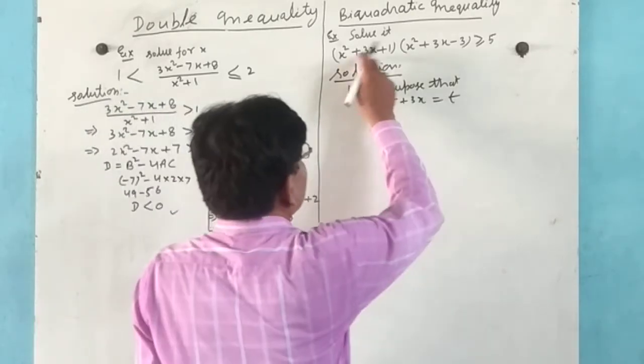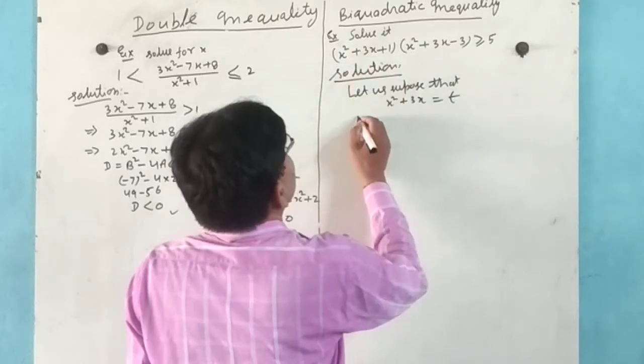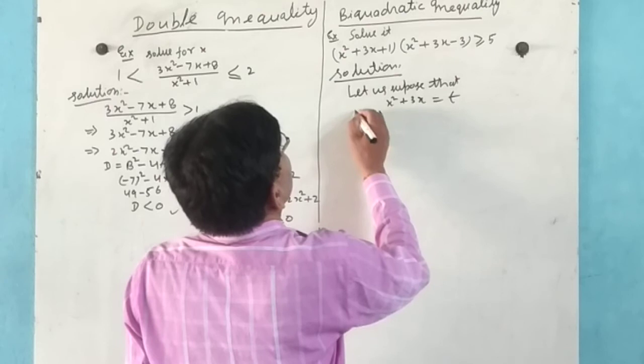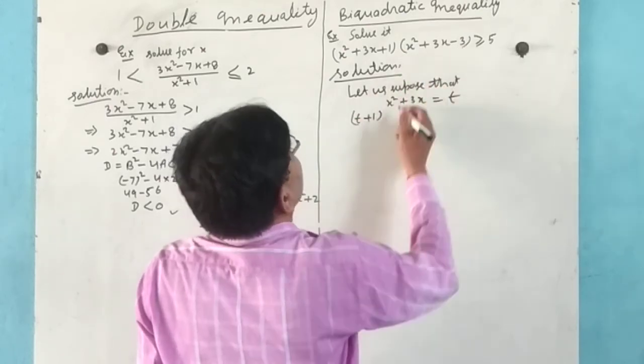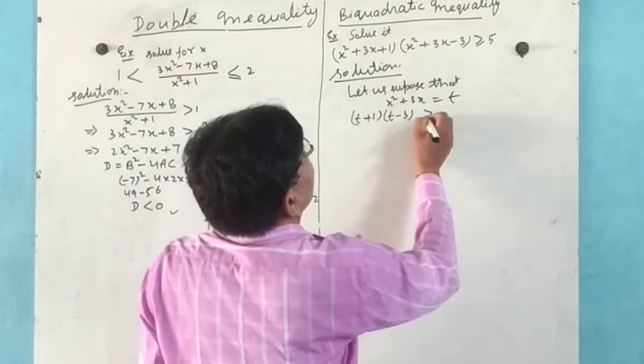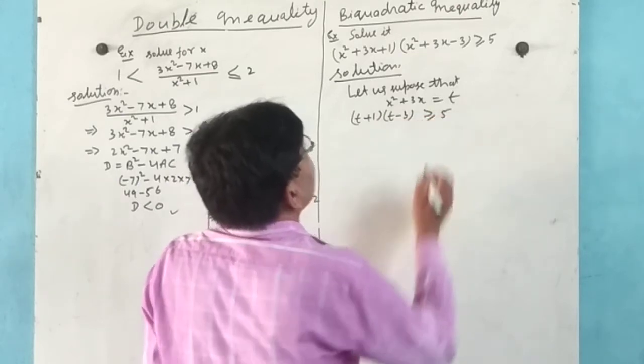Then our inequality becomes (t plus 1) over (t minus 3) greater than or equal to 5.